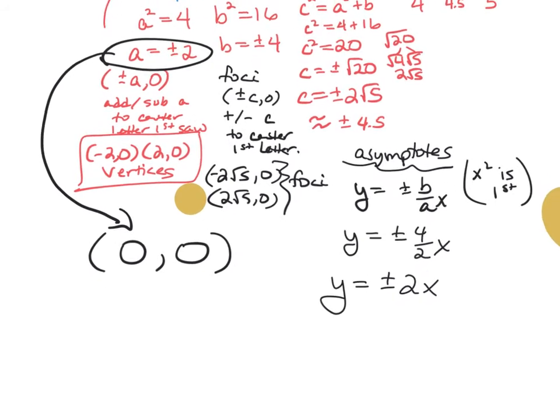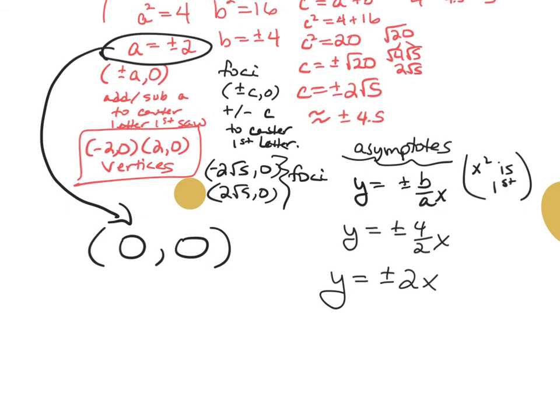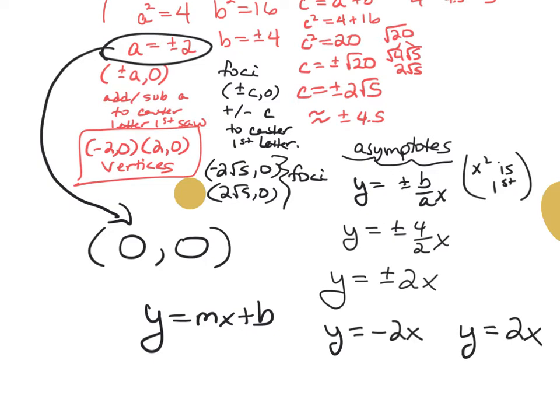Okay, now, when we're doing these asymptotes, they're going to be linear equations. So I want you to think y equals mx plus b. I'm going to be graphing 2 lines: y equals negative 2x and y equals positive 2x. Notice neither of them have a b, so my y-intercept on both of these when I go to graph is 0, 0. Then I'm going to use the slope.